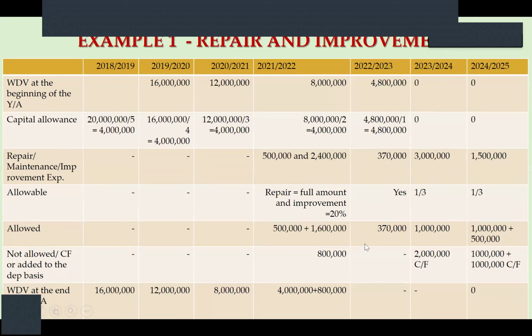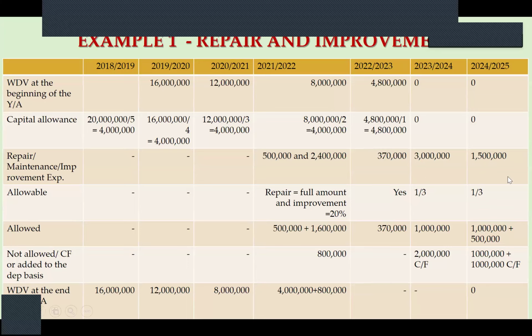If we multiply 0 by 20%, it will be 0. If we apply 0, then no amount can be allowed as a deduction. That is why we have amended it, so that some amount can be allowed as a deduction.